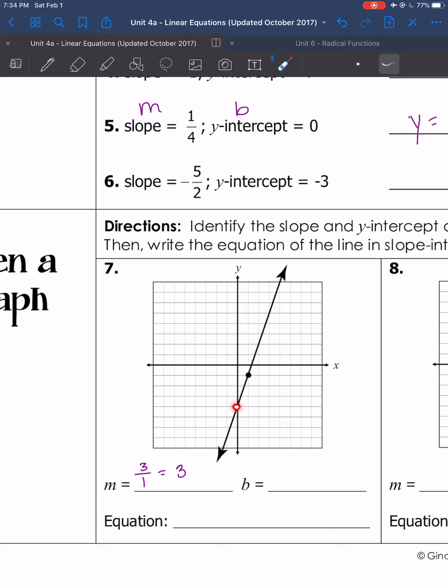So it's negative 1, 2, 3, 4. So negative 4 is my y-intercept. To write this in slope-intercept form, y equals mx plus b, all we're going to do is plug it in. So y equals 3x minus 4.